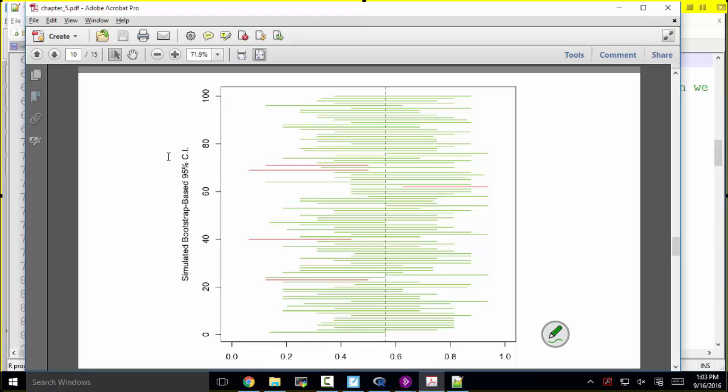So the truth is either in our interval or it is not. Once we have our data and we compute one of these things, we have no way of knowing whether ours captured the truth or not. All we can say about confidence intervals is 95% of these 95% confidence intervals will contain the truth. My particular one, I just can't tell you yes or no.